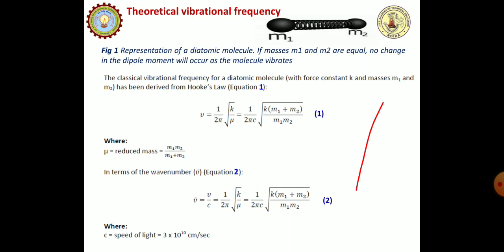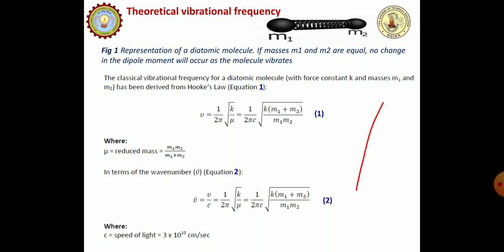We can easily see from this equation how the reduced mass and the force constant are related to the vibrational frequency. If the force constant k increases, meaning the bond is stronger, the vibrational frequency is also higher.